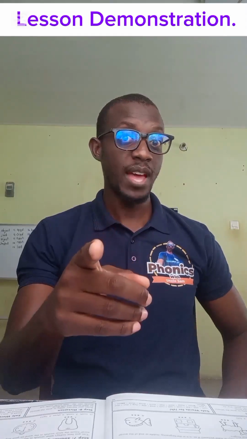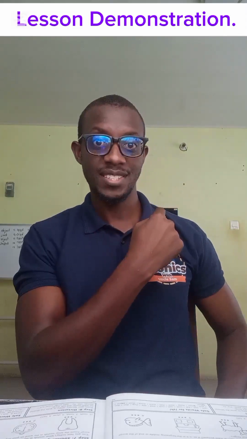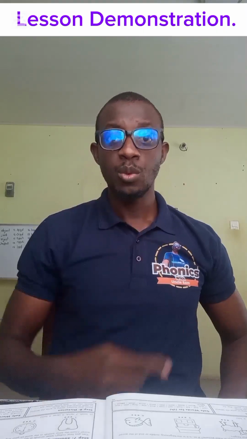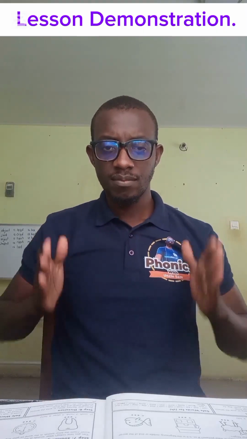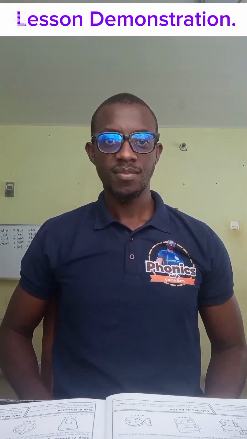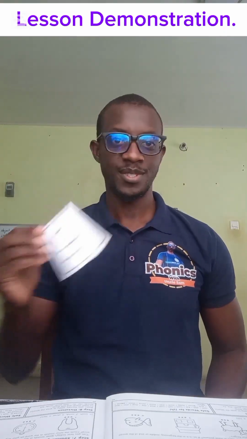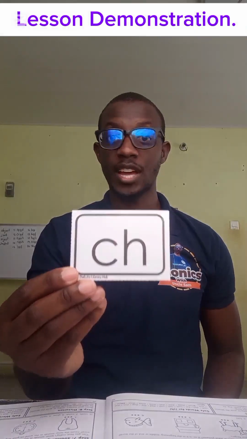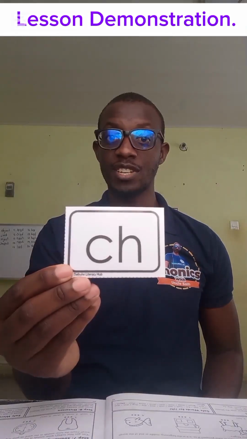But before we do that, sound revision. Can you tell me what sound this is? Ch. Good job. This is the sound ch, and it's a sound we looked at in our previous lesson.